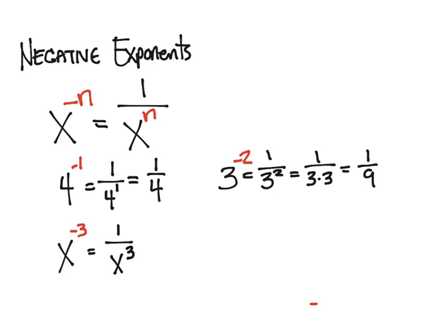Now something interesting happens when we look at two new examples. The examples are 2 times x to the negative 2 and 2x to the negative 2. In the first example, the variable x has the exponent negative 2. In the second example, the entire phrase 2x is raised to the negative 2 power.